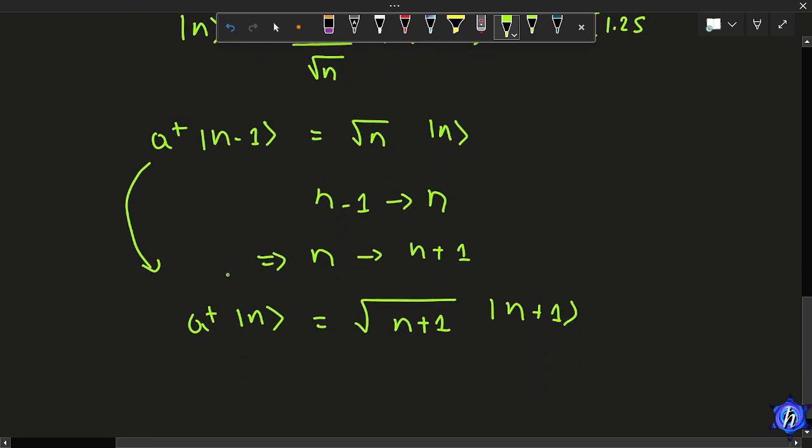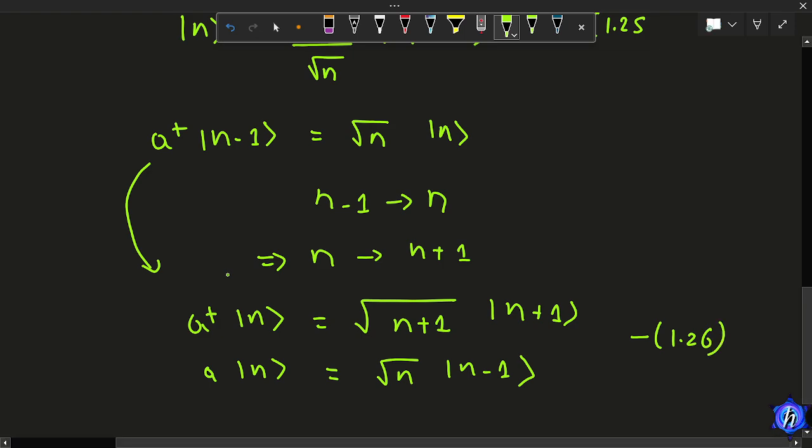This is a trick we use frequently in our quantum mechanics course, and we can write a on n as root n times the state n minus 1. This is equation 1.26.